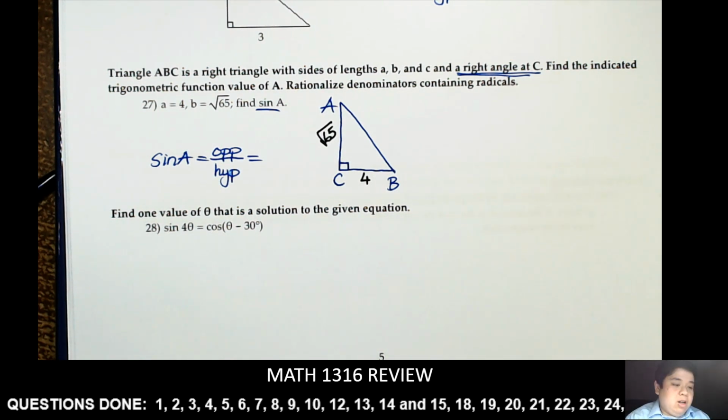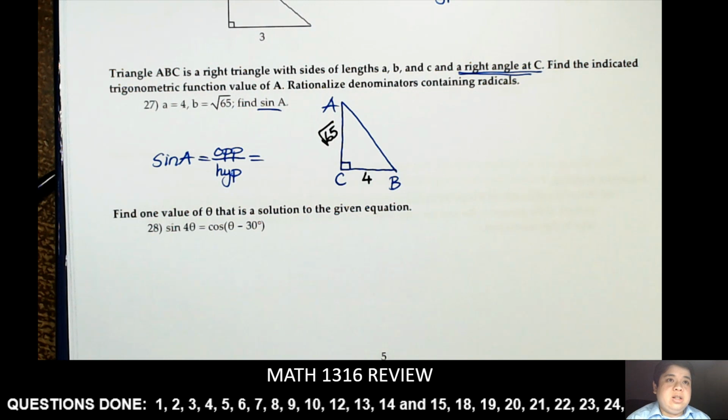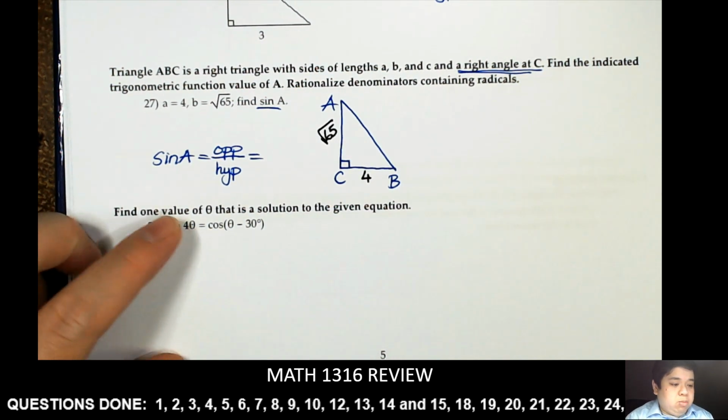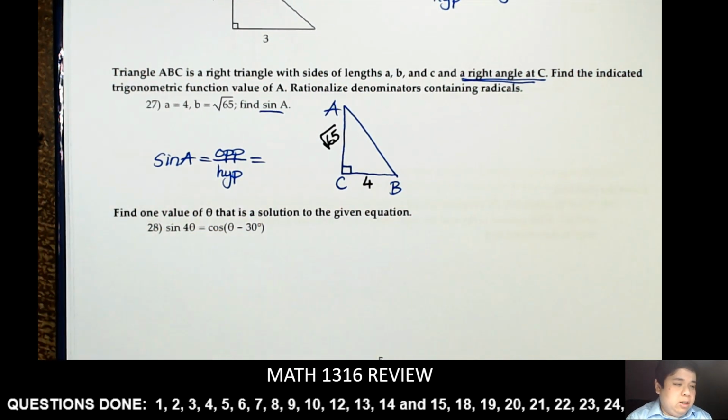Next, we're trying to find the theta that satisfies this condition. So here we have sine and cosine. So that is the cofunction relation. The function and cofunction, that's a theorem. I should write that theorem. So in general, it could be any function.